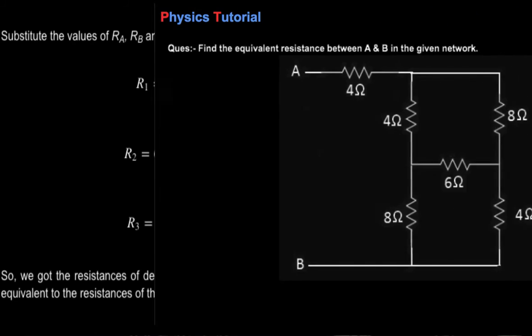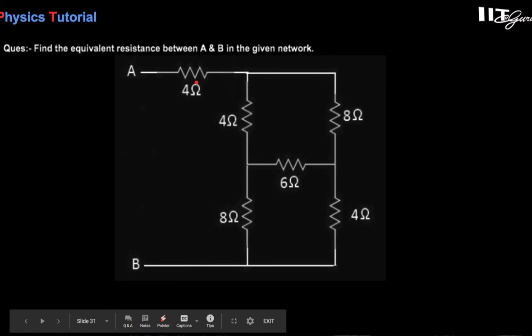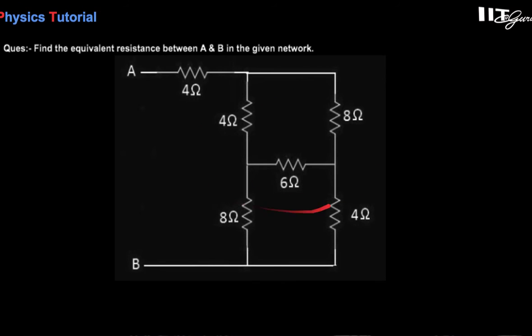Let's see. We'll take an example: find the equivalent resistance between A and B in the given circuit. Look, this is point A and this is point B. From this arm, 4 ohm is connected, and the pattern seems like a Wheatstone bridge. So is this a Wheatstone bridge?